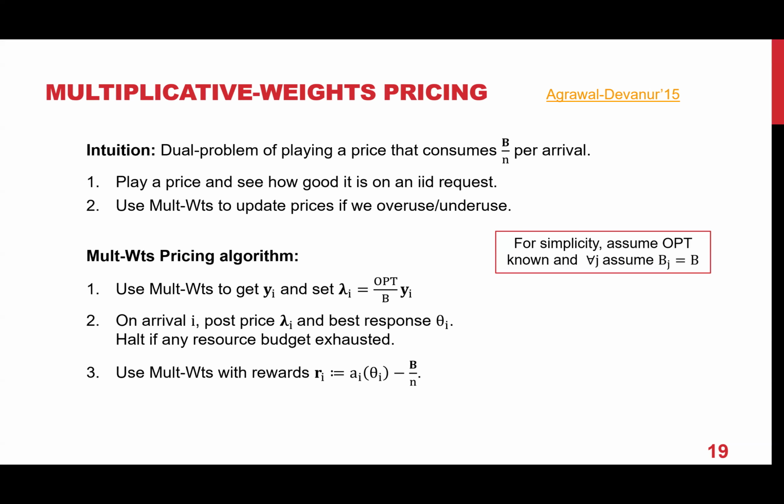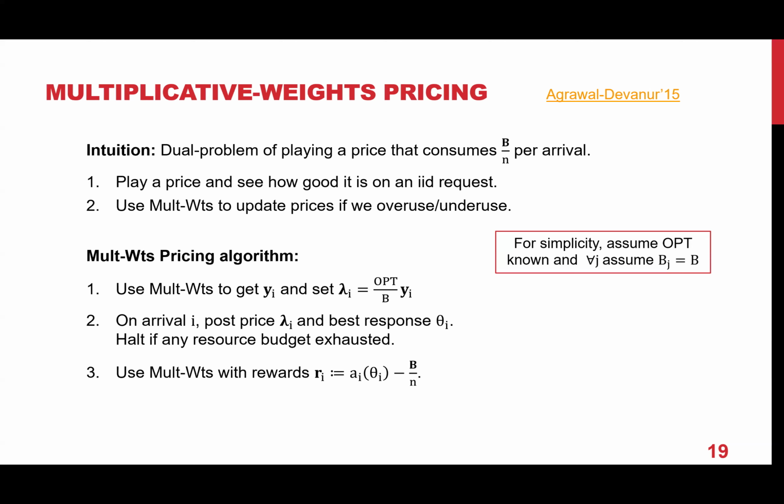So let me say this more formally. So use the multiplicative weights algorithm. The price, usually playing up to some scaling factor, will basically be opt over B. This is some scaling factor because price and value are not in the same units. Budget consumption is at most B, opt is summing up value. So you have to scale this opt over B factor to set the units the same.